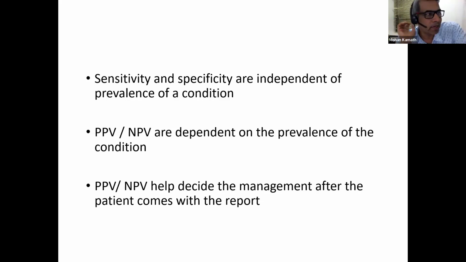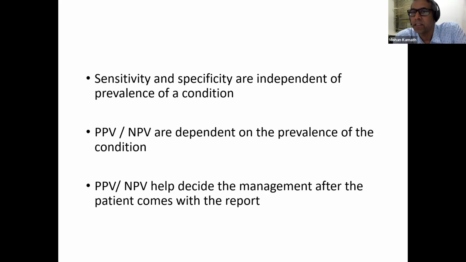And this is a very important bit because, let's say you're talking about chlamydial infection, and you are sitting with a report in India, at Delhi or south in Bangalore, the PPV will be different here than when you are looking at the same positive test in the UK, because the prevalence of that condition would vary. We've had a few studies done in this part of the world, in fact in Vellore also, and the prevalence of chlamydia was very, very low in our population.